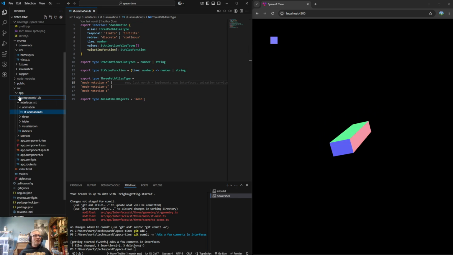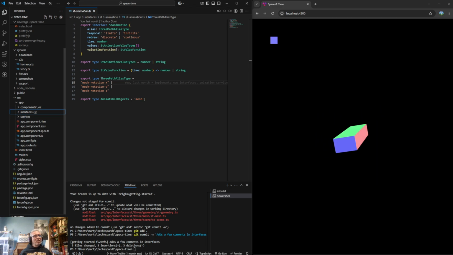Maybe components is the wrong name. I keep going back and forth because the lead of Angular says that that's a bad anti-pattern, and it is weird, right?